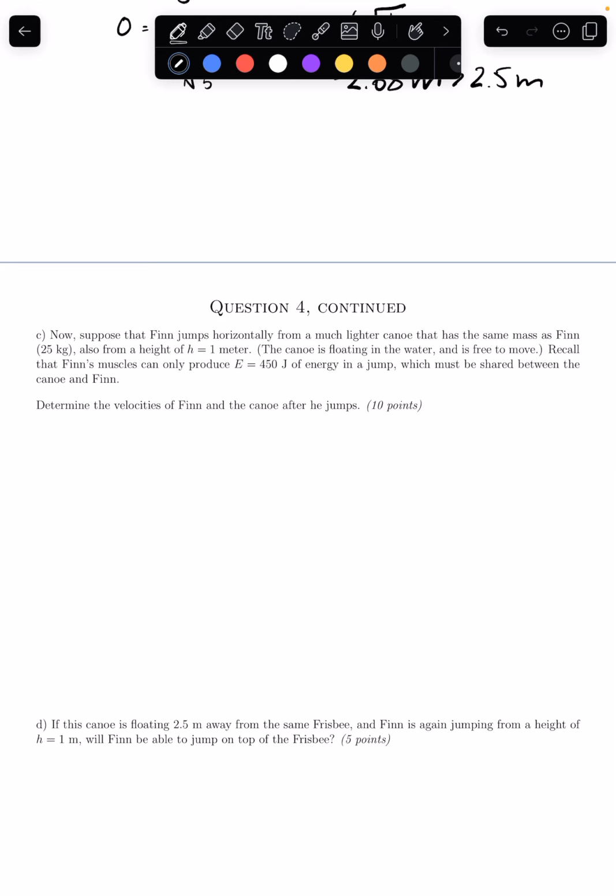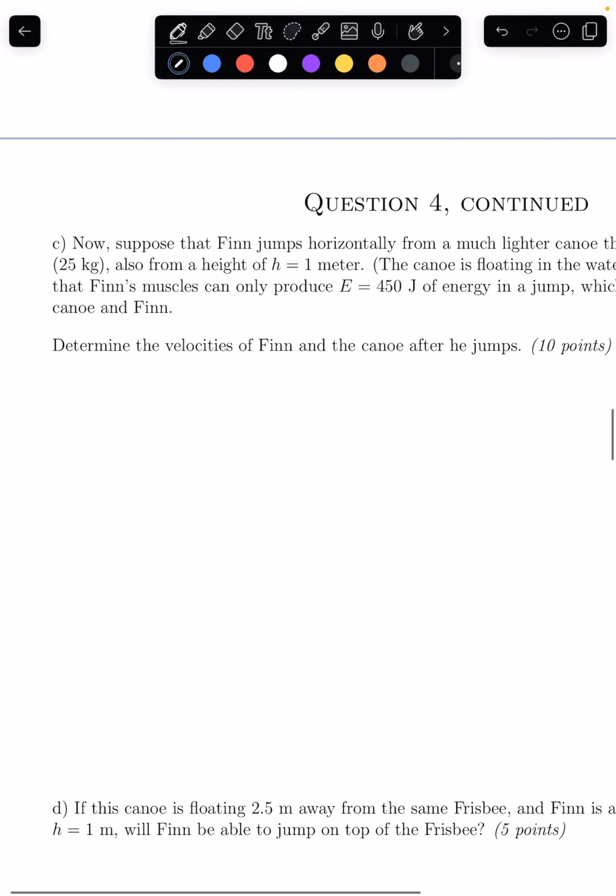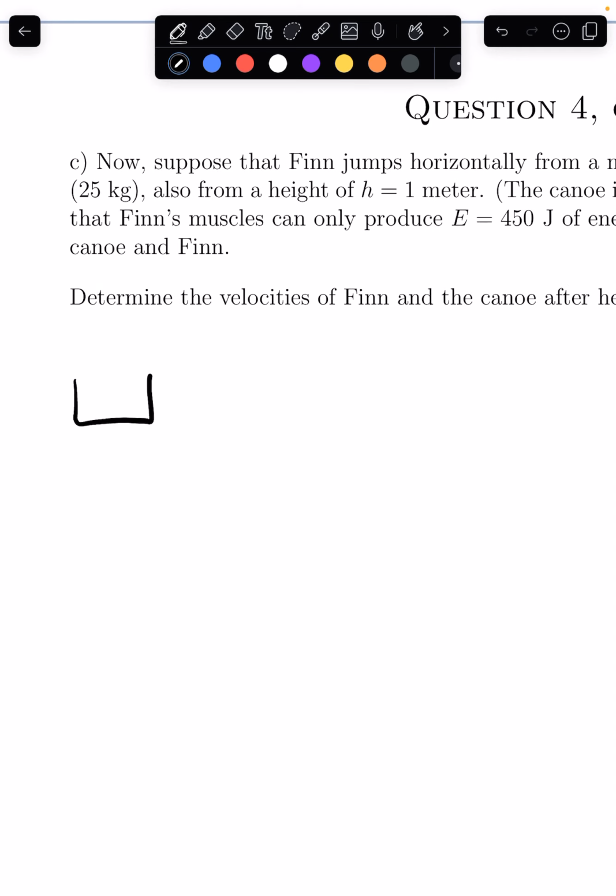For part C, we have that the canoe is much lighter, so it has the same mass as Finn. Height stays the same, and the energy stays the same. So now we have to use the conservation of momentum to explain this one. We know that Finn and the boat have the same mass.